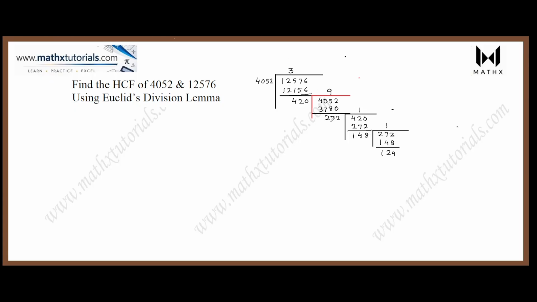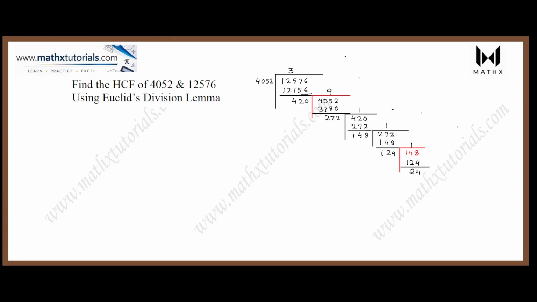Once again we divide the previous divisor, and that gives us 148, and when we divide we write 1 on the top, 124, and then the remainder shall be 24.